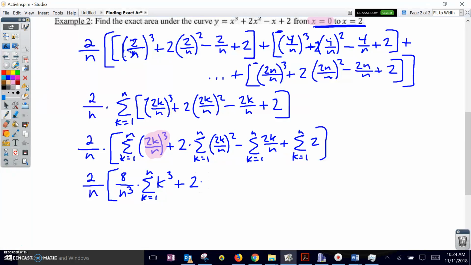And let's see, that's going to be 4k squared over n squared. So I'm going to go ahead and combine that with the 2. That gives me 8 over n squared. And I can bring the 2 over n out in front here.